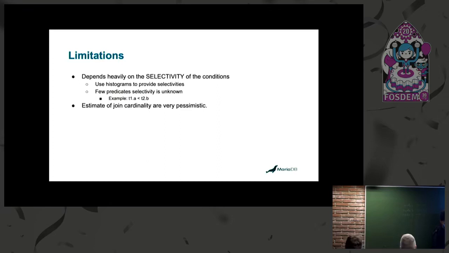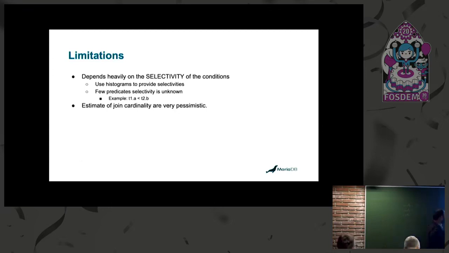Also, another limitation is that you have few predicates for which selectivity is not known. So what we try to do is predict the selectivity as 100%, but we have discussed internally in the team to maybe add some penalty for such cases, because if this condition is highly selective, then using a sort nest or using this new optimization can be harmful for us.